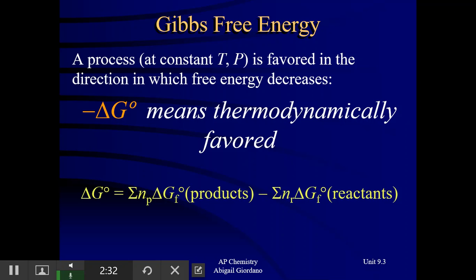This equation right here should look a little bit familiar to you. We have seen an equation very similar to this one, both for delta H, enthalpy, and for delta S, change in entropy. This is essentially another way you can do products minus reactants. Remember, guys, that little subscript F stands for formation, and the values for the delta G's of formation for both your products and reactants can likely be found in some kind of appendix in the back of your textbook.